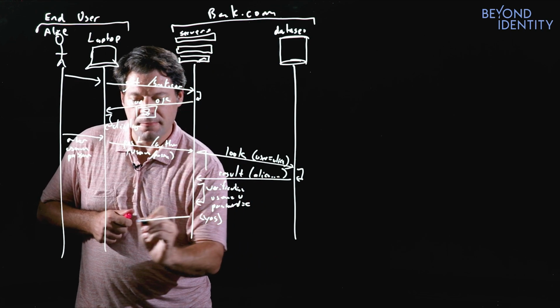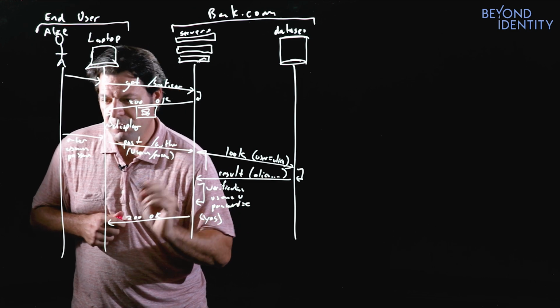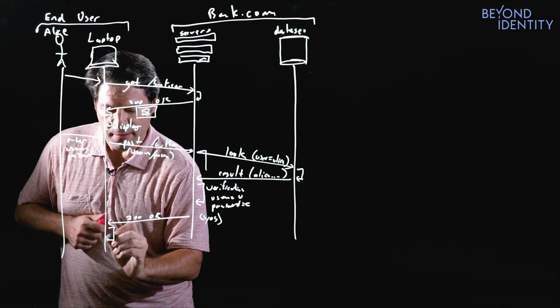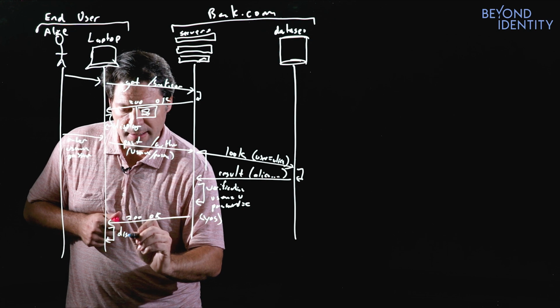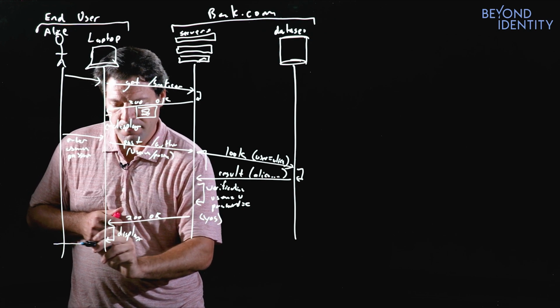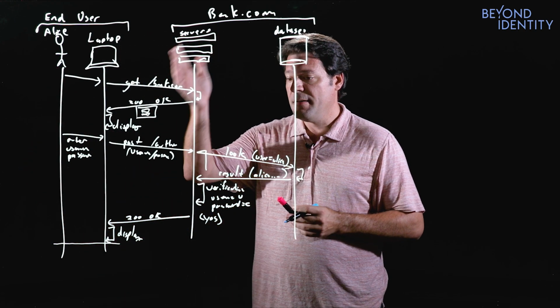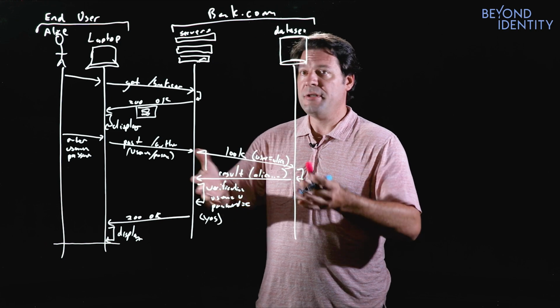So then we will respond with an authenticated session that then gets displayed. And at this point, right here, Alice now has an authenticated session and is actually in her service.